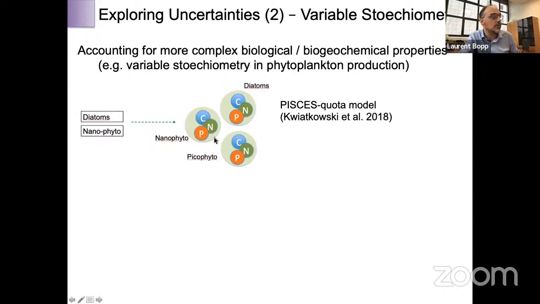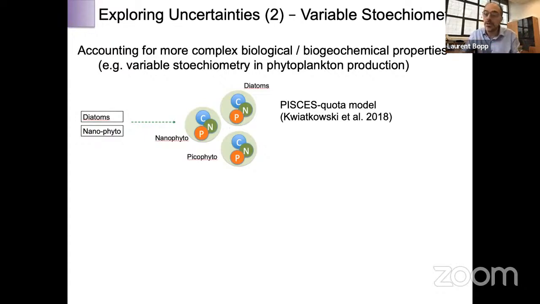So in the nanophytoplankton, in diatoms, in picophytoplankton, you now have carbon, nitrogen, and phosphorus that are simulated independently. And this enables us to explore the potential effects of variable stoichiometric ratios on the projections.